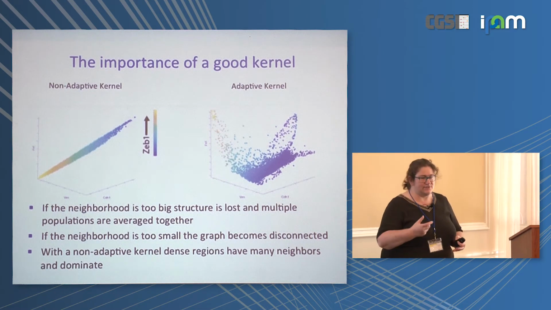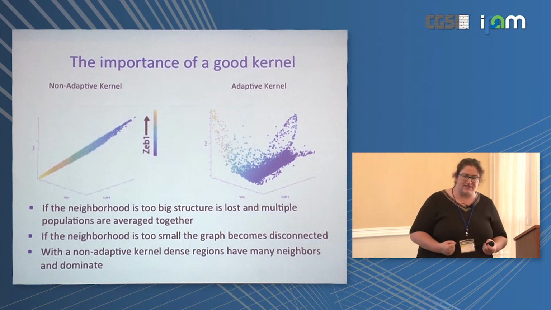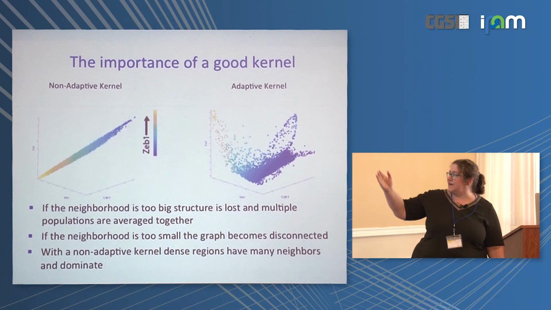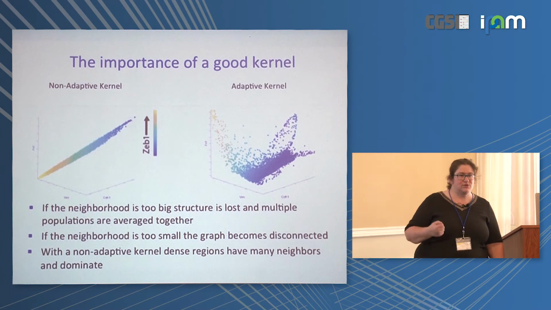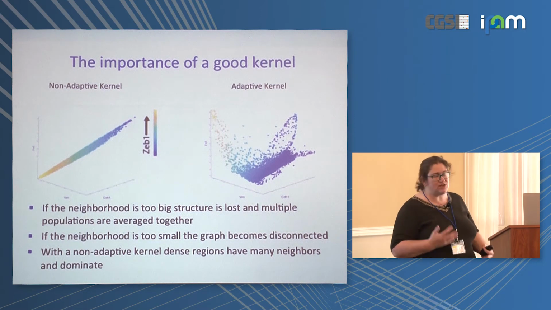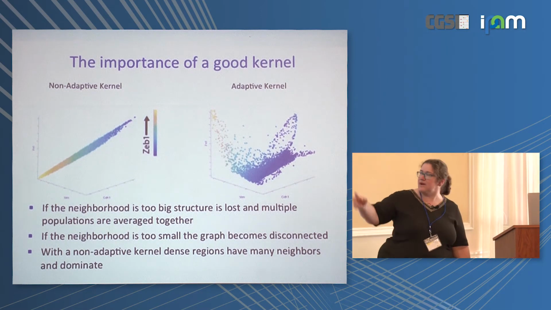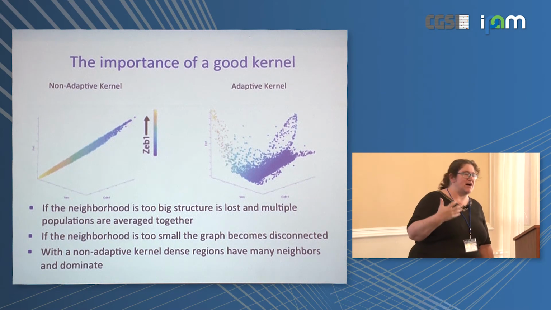On the other hand, if we have a tiny sigma that worked well for our very rare cell populations, it will become very noisy in the main data. And so what we do is we do an adaptive kernel. We also want all cells to have the same number of neighbors. Otherwise, cells with lots of neighbors provide more information.